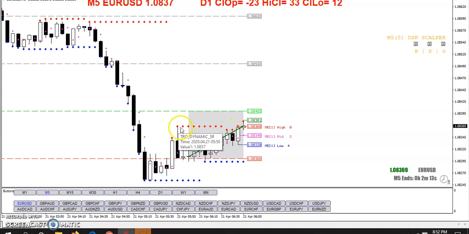If this doesn't make a new high, it stays here. You get what we call horizontal resistance. And if this doesn't move up, and if this doesn't move down, you get horizontal support. And so you see right here how this dot moved down. So if you go here, 1, 2, 3, 4, 5, you can see that it's breaking out.